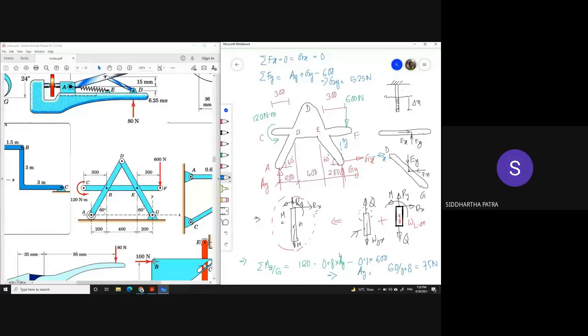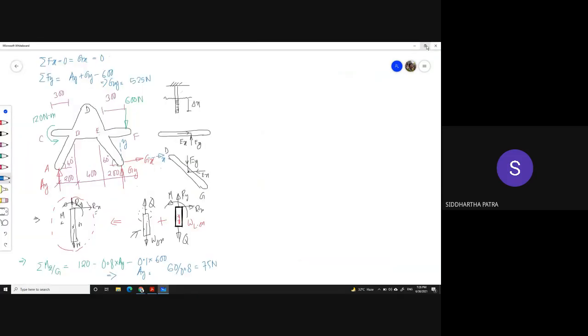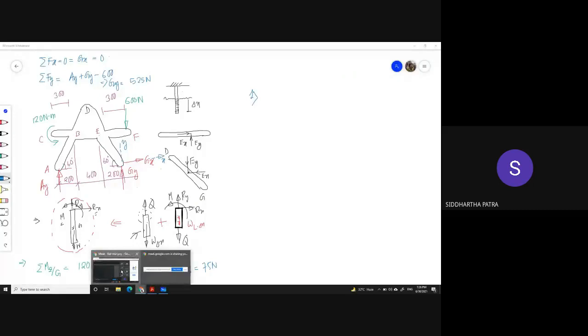So by writing these equations of equilibrium, I can get the values of the reaction forces. Okay. So I need you to note a couple of things here. First thing is, let's try to answer this question.